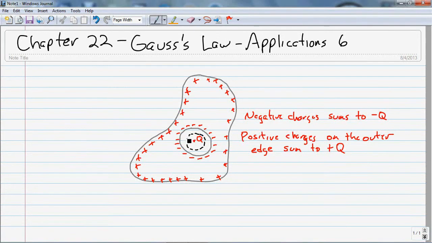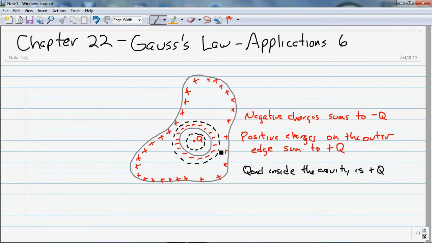Well, I'm going to have an electric field in here, so my Q enclosed is just Q. And now let's extend this Gaussian shell to outside the cavity, but inside the conductor. So I'm going to put my Q enclosed inside the cavity is just plus Q.